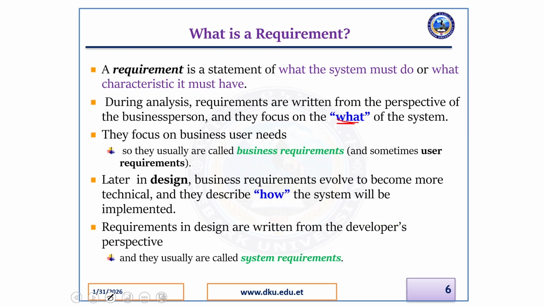Okay, they focus on business user needs, so they usually are called business requirements, and sometimes user requirements. Later in design, business requirements evolve to become more technical, and they describe how the system will be implemented. Requirements in design are written from the developer's perspective, so they usually are called system requirements.